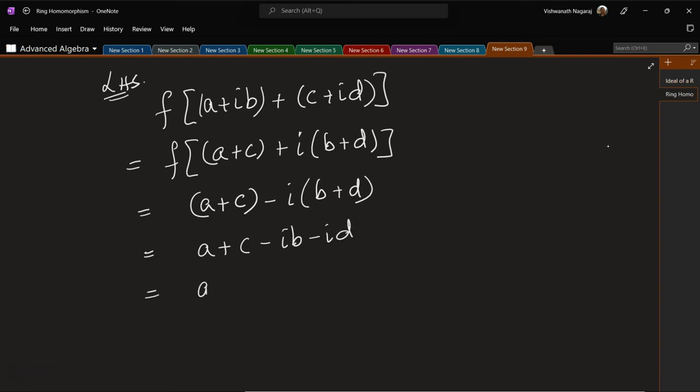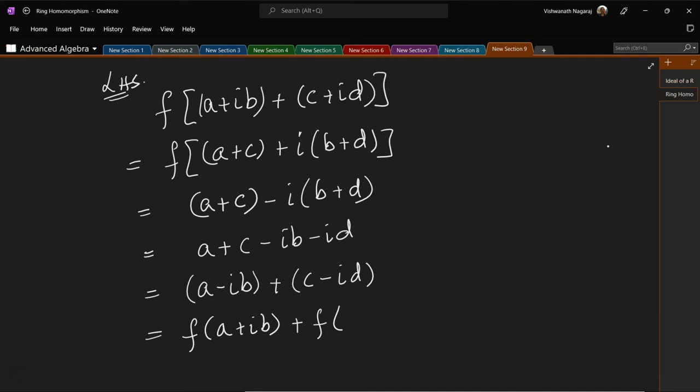So what do we get? a minus ib and then plus c minus id. Now a minus ib can be written as f of a plus ib, and c minus id can be written as f of c plus id.